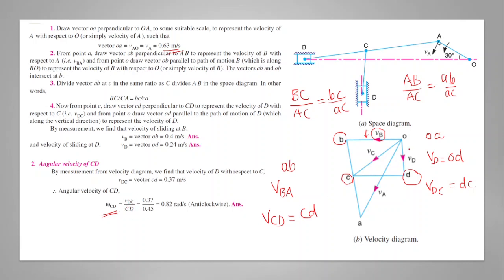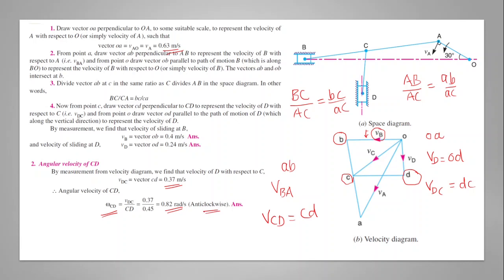By measuring this length and multiplying that length by the scale taken, that will become the velocity of D with respect to C, that's equal to 0.37 meter per second. That 0.37 meter per second divided by the length of CD in meter will give the angular velocity of CD, that's equal to 0.82 radian per second in the anti-clockwise direction.